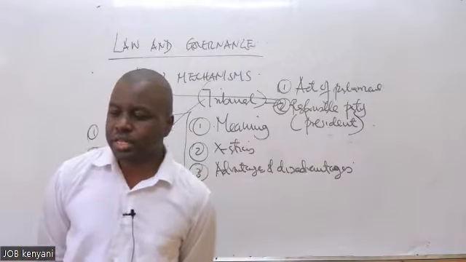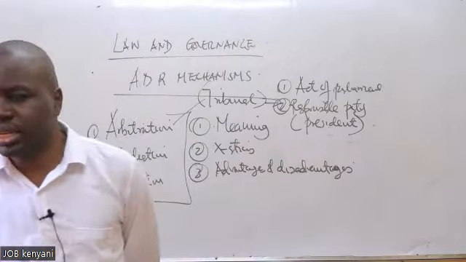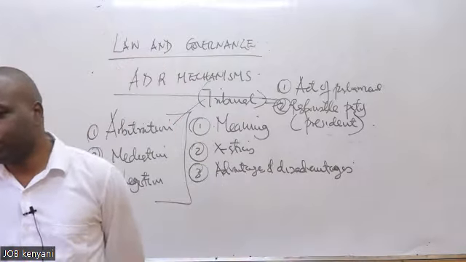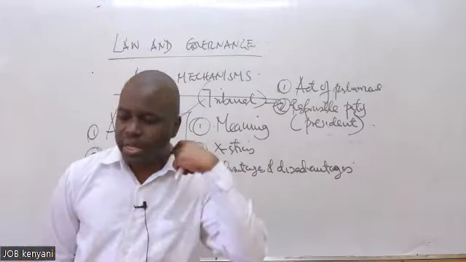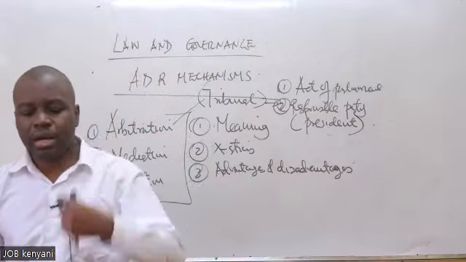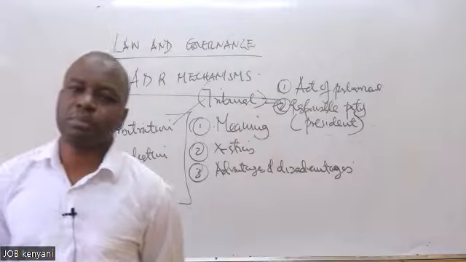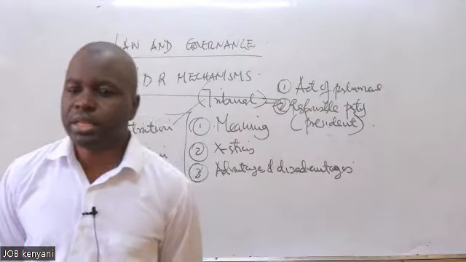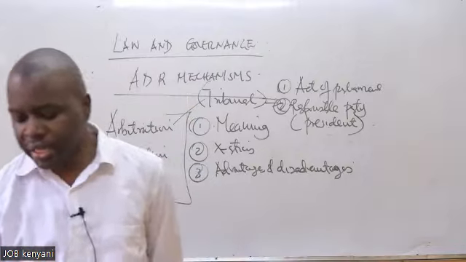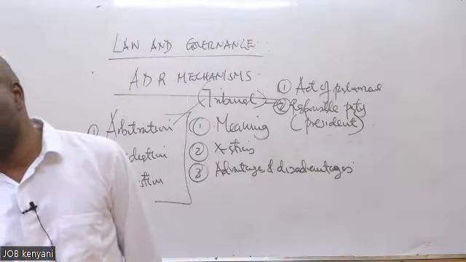It is very convenient, so they can meet every time they agree. Then you can seek expertise knowledge, or what we call specialization, by sourcing experts to give advice or guidance on how such a hearing or dispute can be resolved.